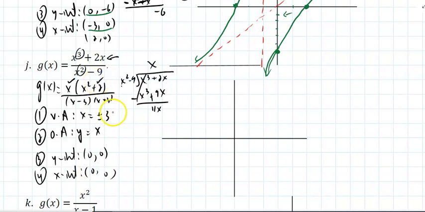So I have two asymptotes, 3 and negative 3, and a line that we make sure of that. If I take this, x cubed, that's x. Okay, a line y equals x.